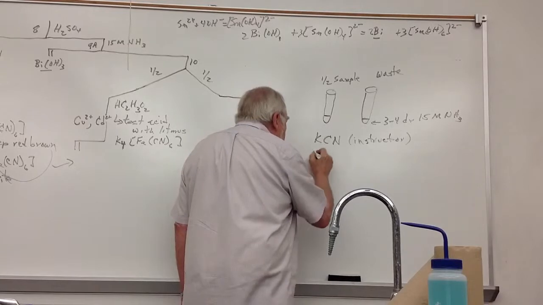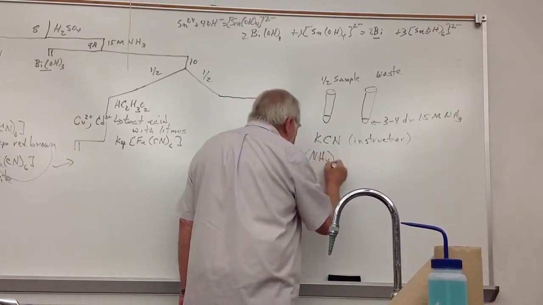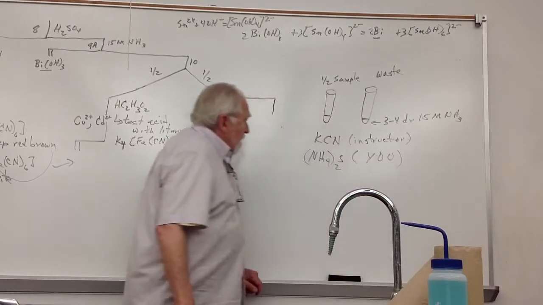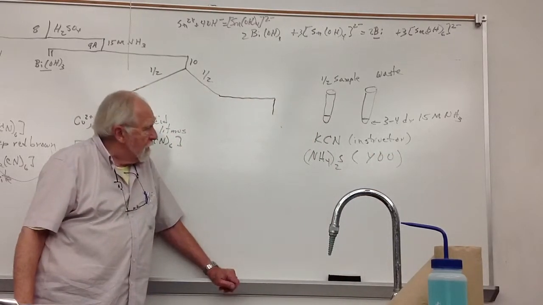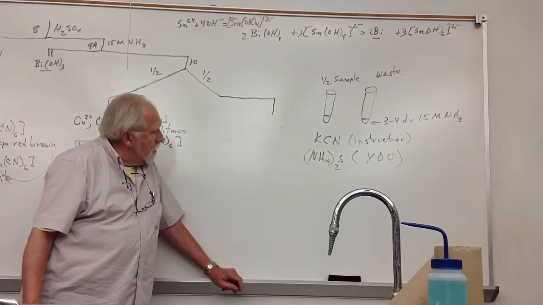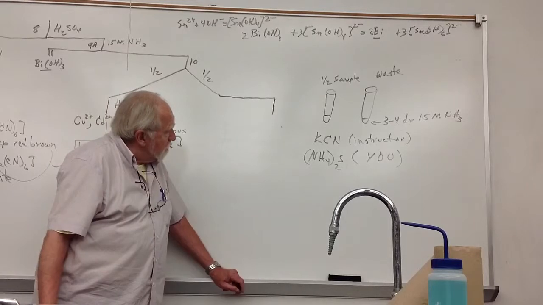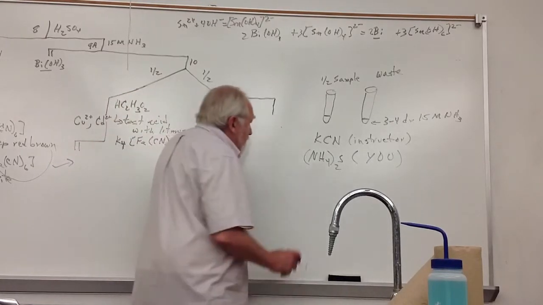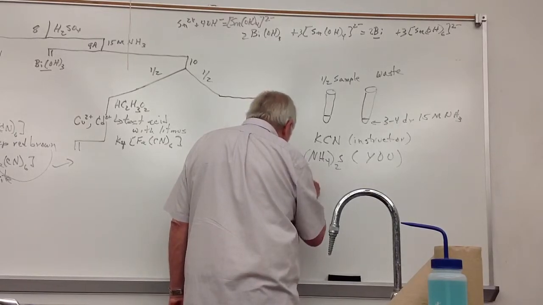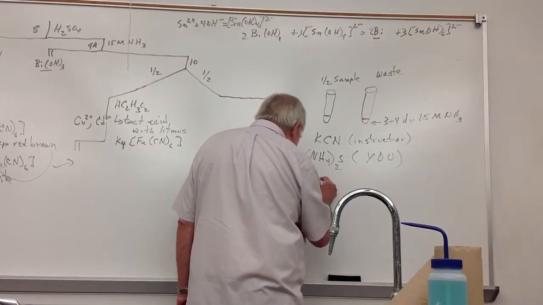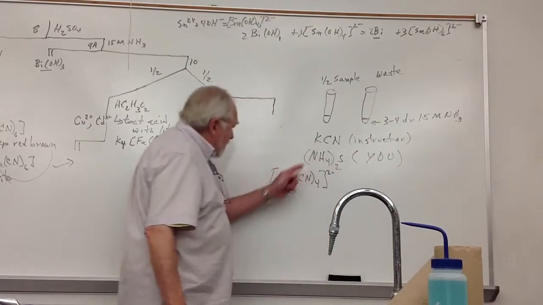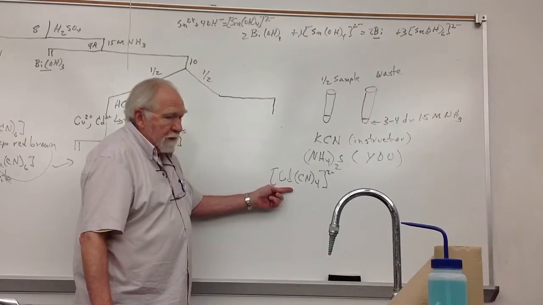You add, and I'll come back to the equations in just a minute, but when you add the ammonium sulfide, what you get is, you add a KCN, so it converts cadmium to this complex ion.